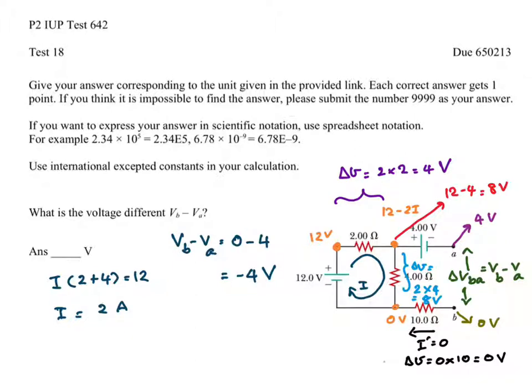Okay, it means that the potential at A is higher than the potential at B. So we have VB minus VA negative here. So the answer is minus 4 volt.